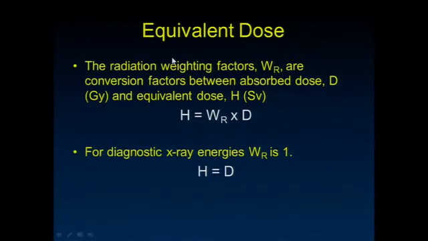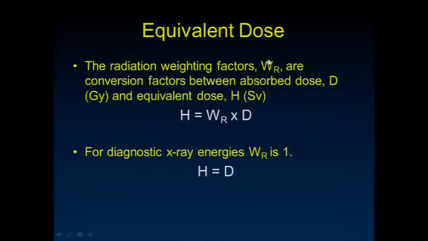So now, if we know what our absorbed dose was, and we can apply the appropriate weighting factor to that, we'll get the equivalent dose. So for us, for diagnostic X-ray energies, that weighting factor is a 1, so that really becomes a little bit of a non-issue.